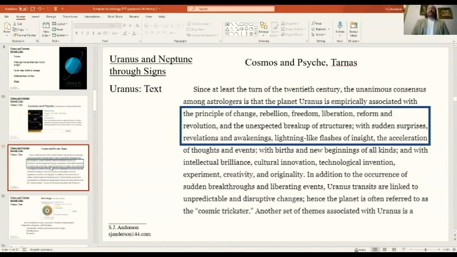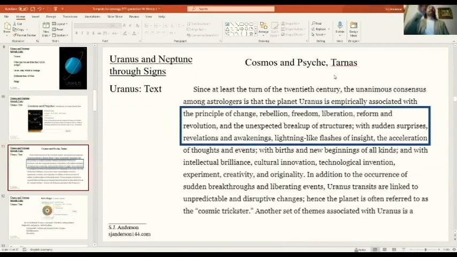He says it is associated with change, rebellion, freedom, liberation, reform, revolution, the unexpected breakup of structures with sudden surprises, revelations and awakenings, lightning-like flashes of insight. So again, this kind of change and rebellion, reform, unexpected. We're talking about that strange tilt of the planet that we can see in the pictures here. And he says in the book that it's empirically associated.